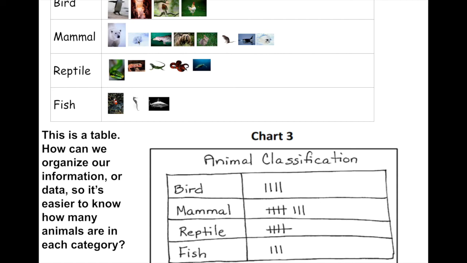I have 1, 2, 3, 4, 5, 6, 7, 8. So that is correct. And then reptiles, I just have that one group of 5. You can see how easy that is to see. We'll count to make sure. 1, 2, 3, 4, 5. So there is indeed 5 in the reptile category. And then for fish, we have 1, 2, 3, and 1, 2, 3. So looks like all of this data is correct.